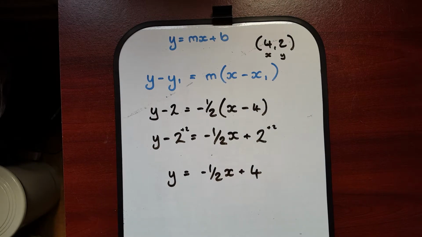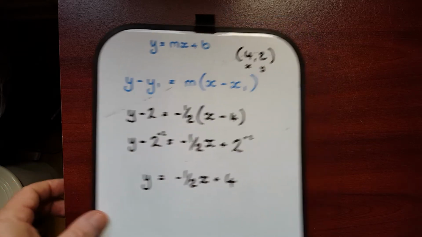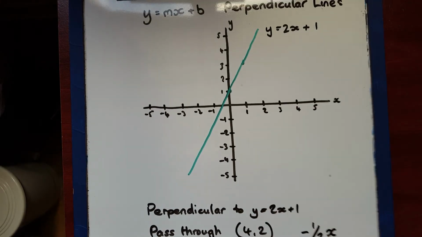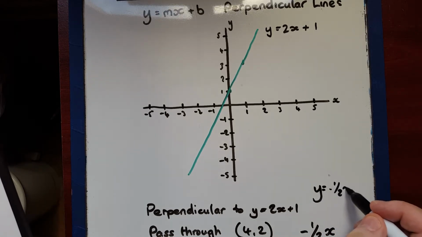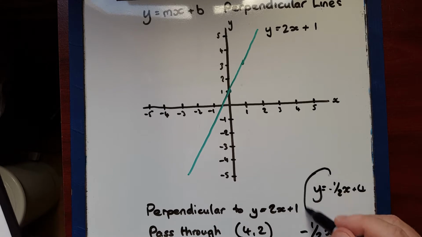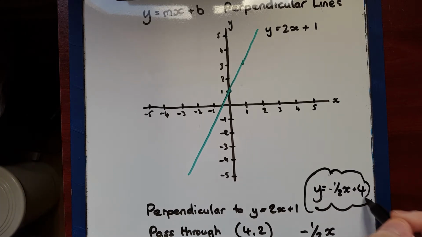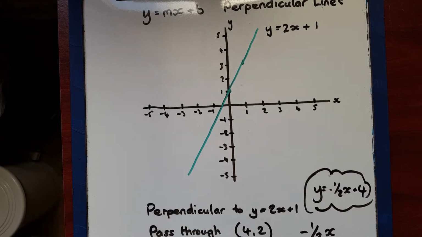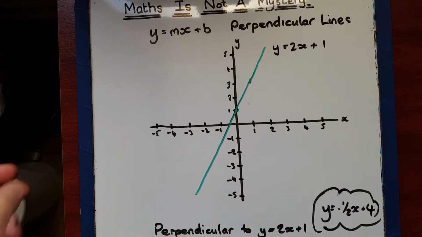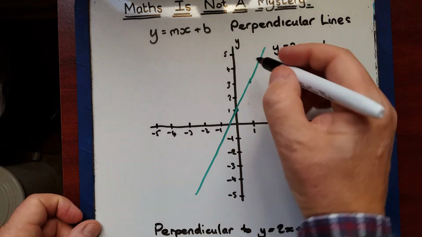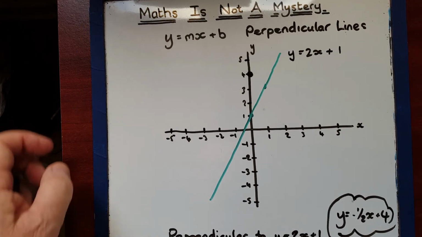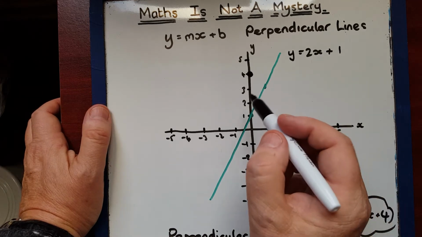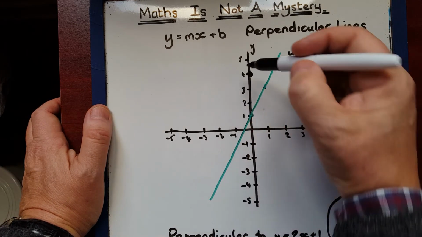We've completed it. Let's find the graph and put it all on there. We said it was y equals minus a half x plus 4. Let's put it down there so we can see it nice and clearly, and then we will plot it on the graph. So it's going to cross over the line at plus 4, big dot there. For half x, it's going to go across 1 and up a half.